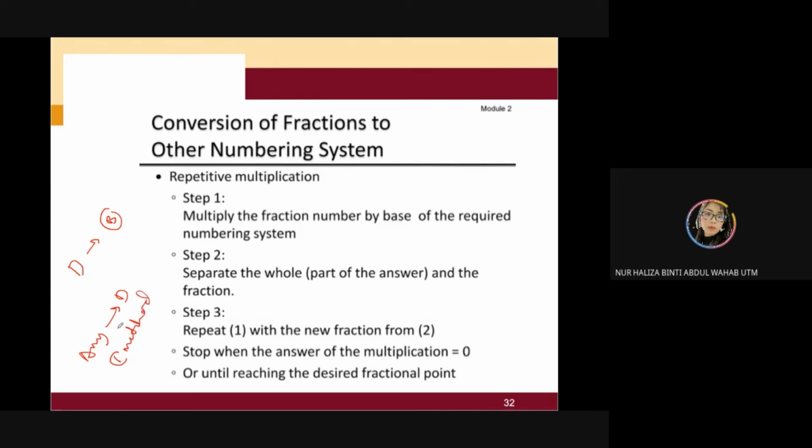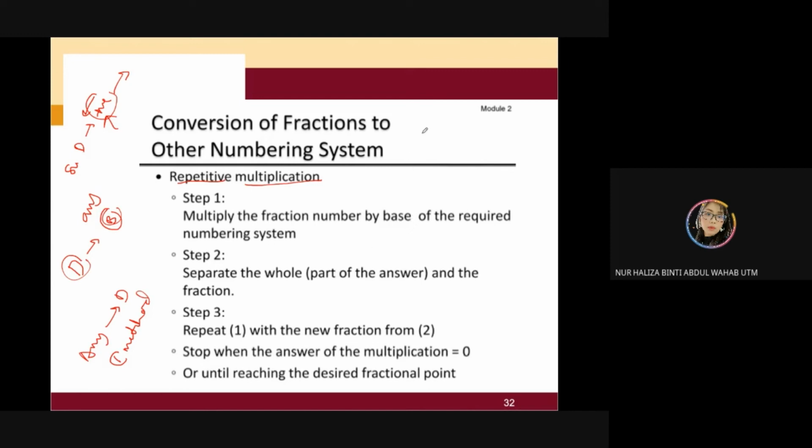But for the conversion from decimal to any base, you need to use successive division for the whole number. But for the fraction part, you need to use repeated multiplication. So there are two ways.